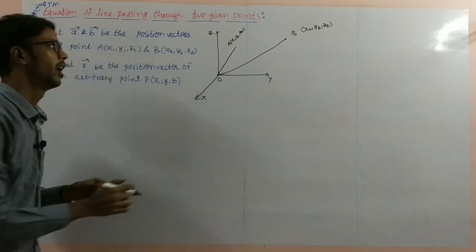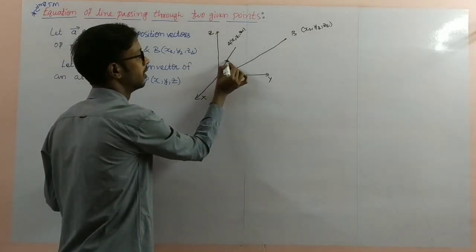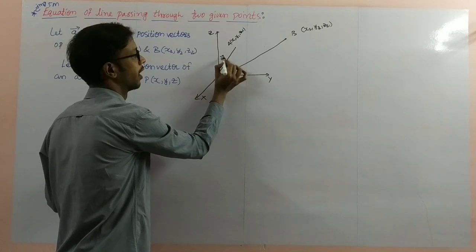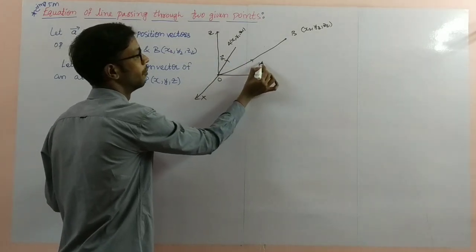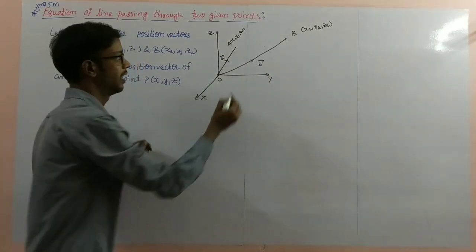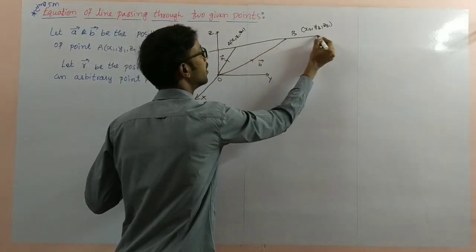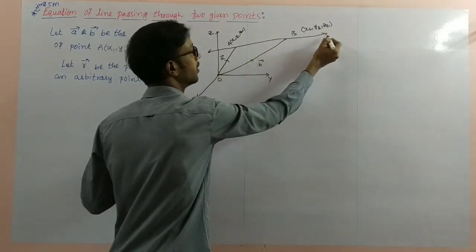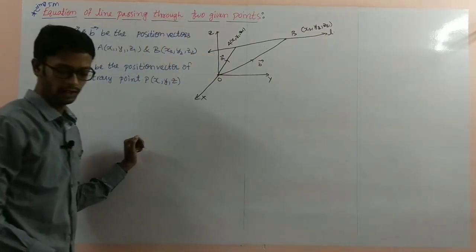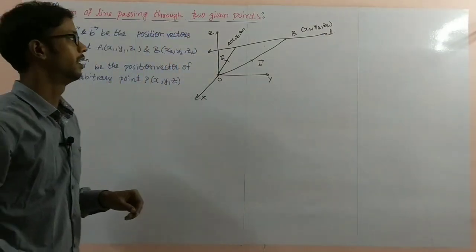Take this as A bar and this one as B bar. The line equation passing through the given two points, take that as L here.